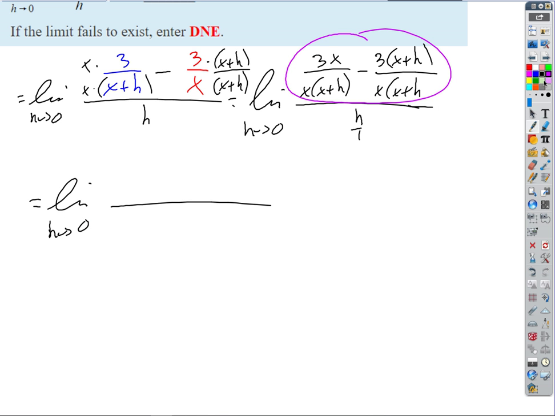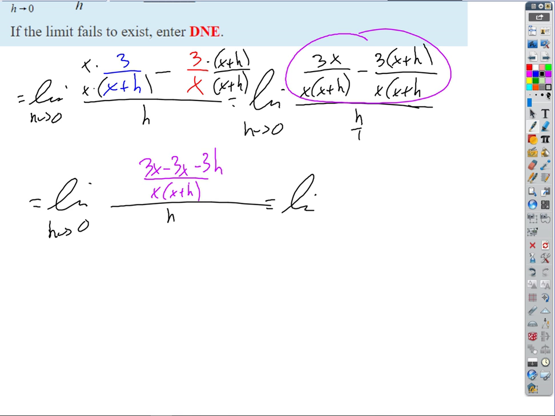I'm going to get the common denominator of x times x plus h. And now, what do I get? 3x minus 3 times the quantity x plus h. If I distribute a negative 3, isn't that just 3x minus 3x minus 3h? So all the purple stuff just becomes that. Everybody agree? And then on the bottom, I've just got my h, or h over 1.